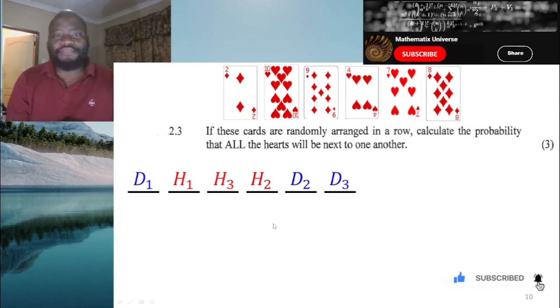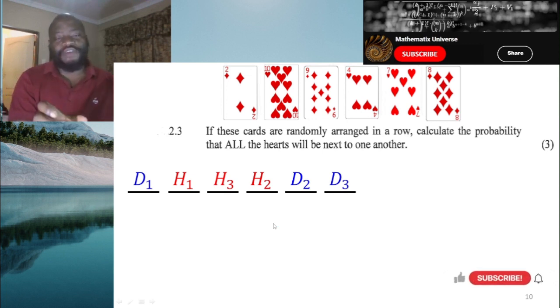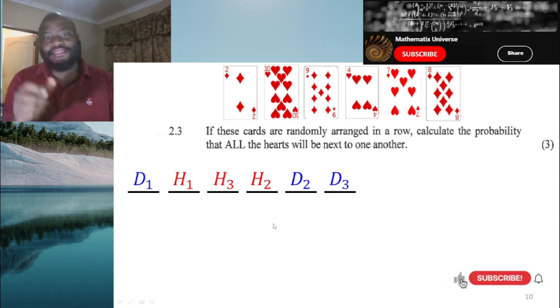So because of that, because there is movement amongst the hearts as well, we need to multiply by how many they are factorial. So the 4 factorial for the Ds and the group of hearts, and then 3 factorial for the hearts themselves.